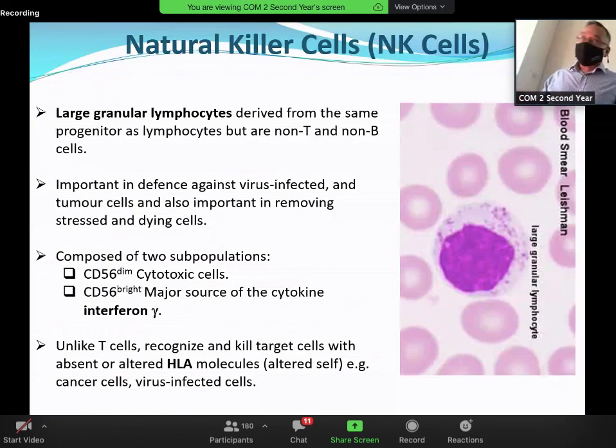If you imagine a cell that's just been newly infected with a virus, it's going to start expressing some of this virus antigen on the HLA, but there'll also be normal HLA as well. So the natural killer cells get a combination of danger and normal signals. Whichever is greater will determine whether that natural killer cell then kills that cell or leaves it alone.